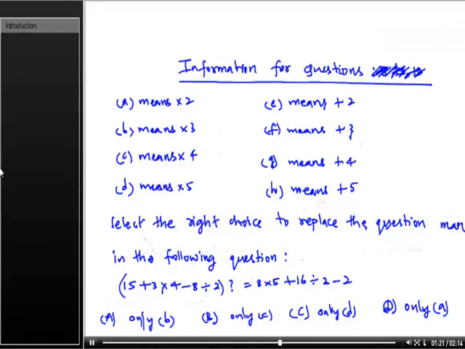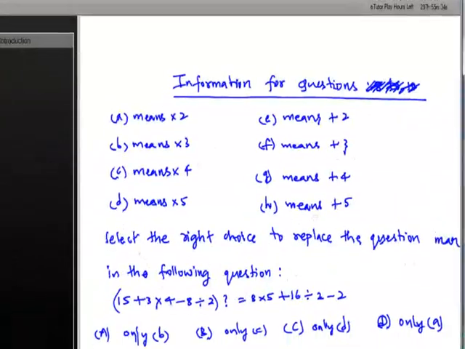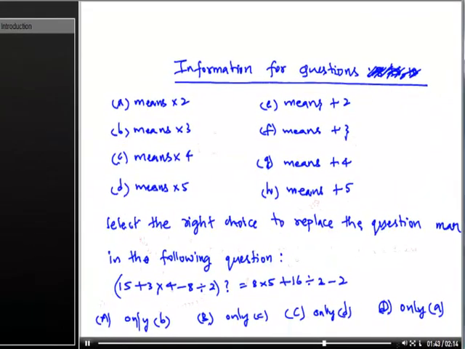Therefore here 12 minus 8 divided by 2 is 4. Question mark is equal to 8 into 5, 1 operation, and 16 divided by 2, 1 operation. 8 into 5 is 40 plus 16 divided by 2 will be 8 minus 2. This implies 15 plus 12 minus 4 gives us 23. Question mark is equal to 40 plus 8 minus 2 gives us 46.